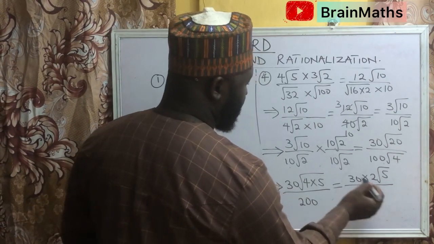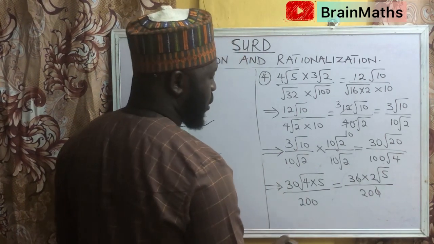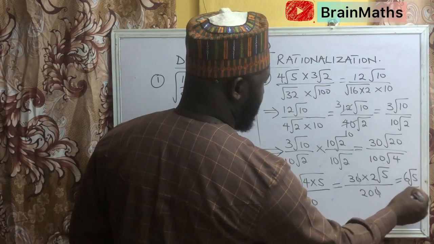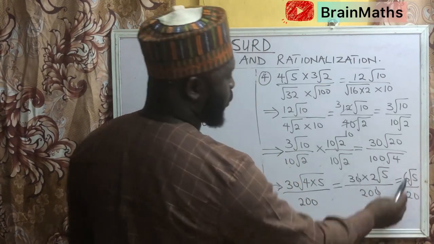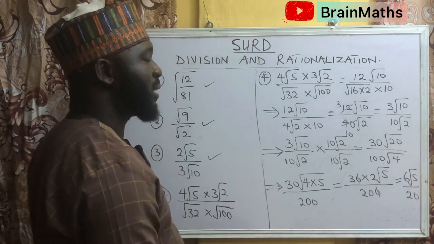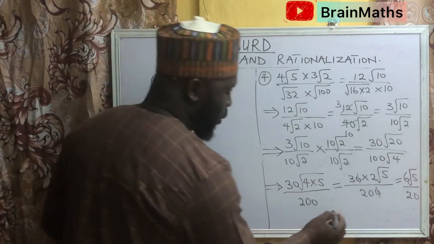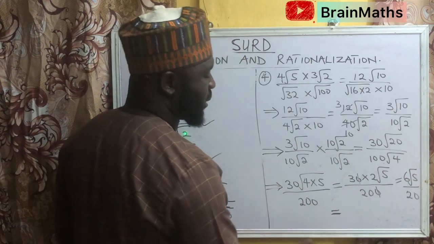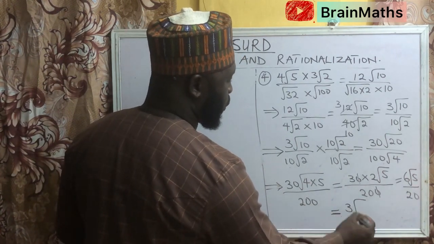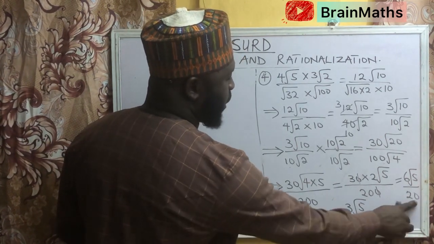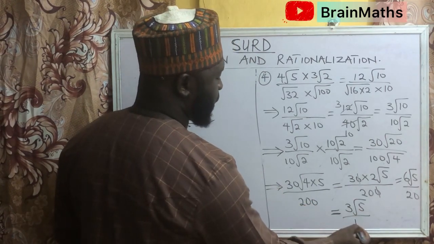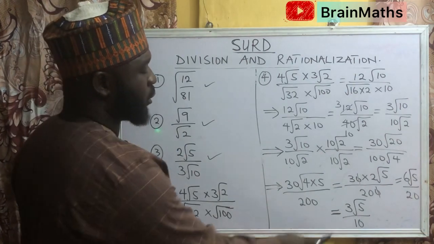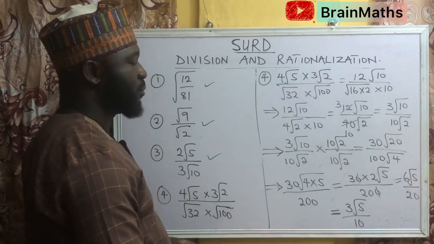This 0 will cancel out with that 0. So we have 6 root 5 over 20. And if you look at 6 and 20, we can still divide them by 2. How many 2 can we get in 6? 3 root 5 over how many 2 can we get in 20? That is going to be 10. So our answer for question number 4 is 3 root 5 over 10.